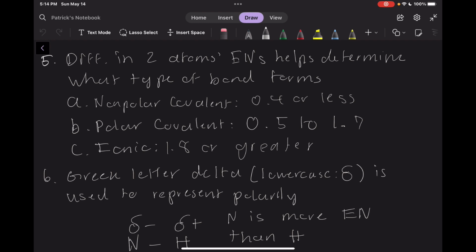With our new knowledge of the Pauling scale, we can set numbers to these differences. If the En, or electronegativity, difference between two elements is less than or equal to 0.4, a nonpolar covalent bond will form. If the En difference between two elements is between 0.5 and 1.7, a polar covalent bond will form. If the En difference between two elements is greater than or equal to 1.8, an ionic bond will form.